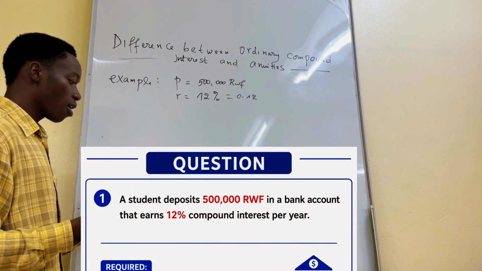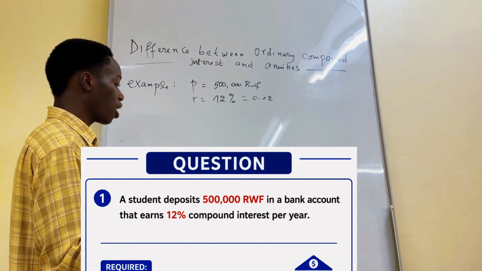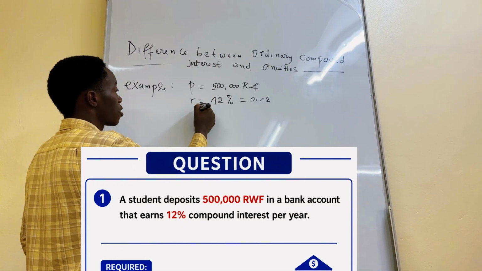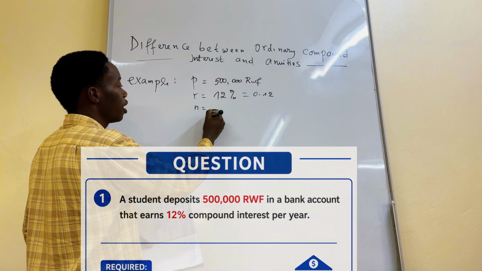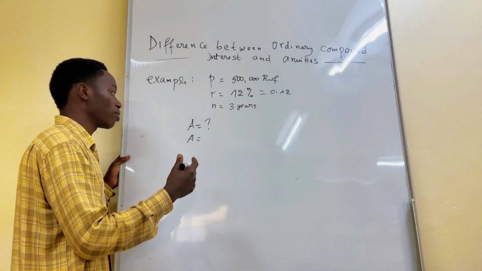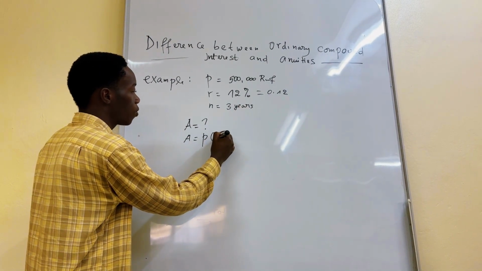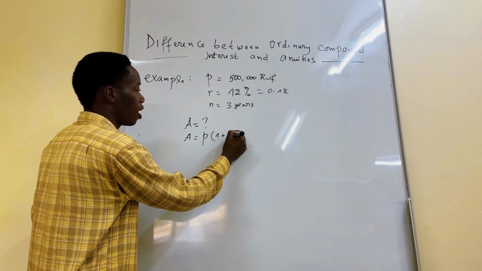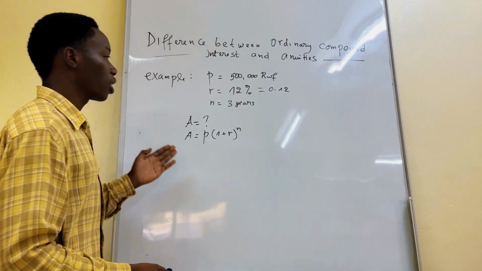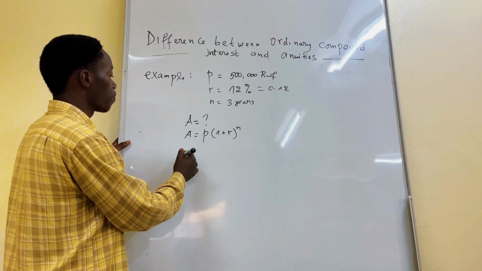We are asked to calculate the amount in the account after 3 years, which means that N is 3 years. So in the formula, A is equal to P times (1 plus R) power N. Now we can substitute our values into the formula.